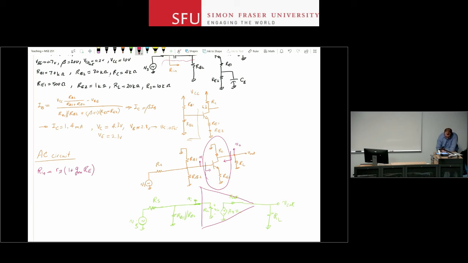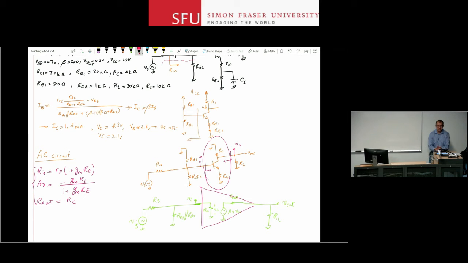I know that AV is minus GM RC over 1 plus GM RE. And I know R out is RC, right? These three I know for a common emitter stage with emitter degeneration.